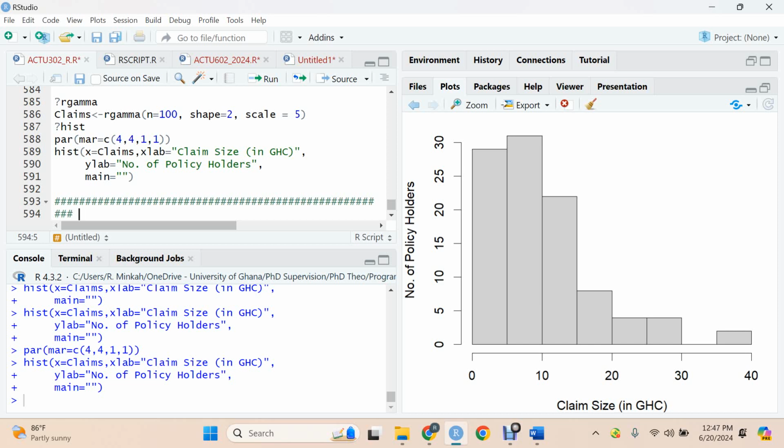How should I do it? In other words, I want to get a vertical line here. Who can help us? abline, good. So superimpose a vertical line.